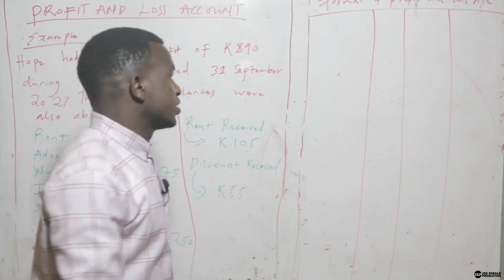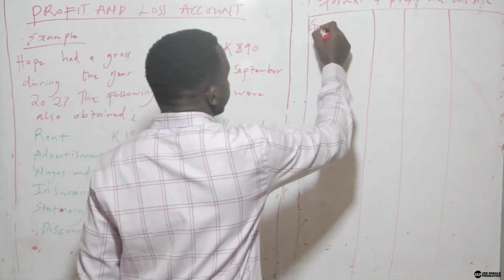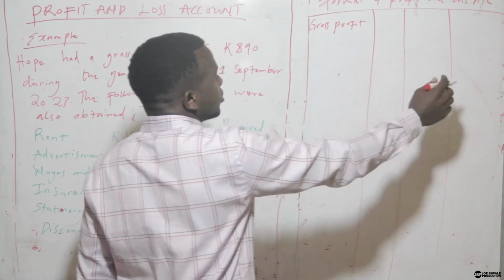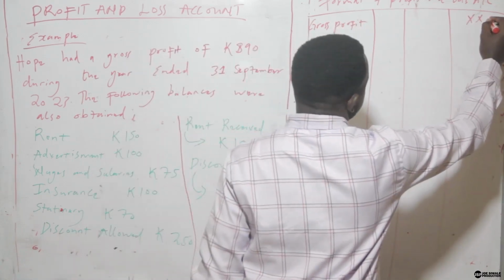So the first thing that we're starting with is the gross profit. So we're going to put our gross profit here.